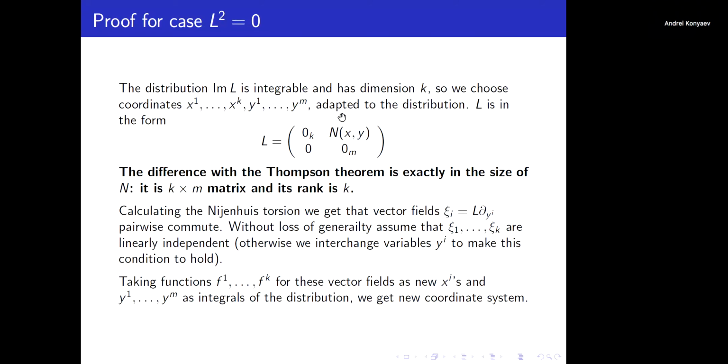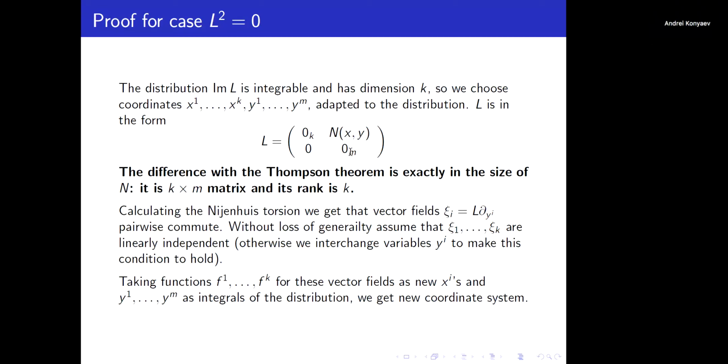Now, if we perform the calculations and define the vector field psi same as before, using partial y's, then we see that those vector fields still do commute, right? And as they do commute, we can take the coordinate system as before. We take k functions. Without loss of generality, we assume that the first k columns are linearly independent. If they are linearly dependent, we just switch the coordinates to make the first k columns linearly independent.